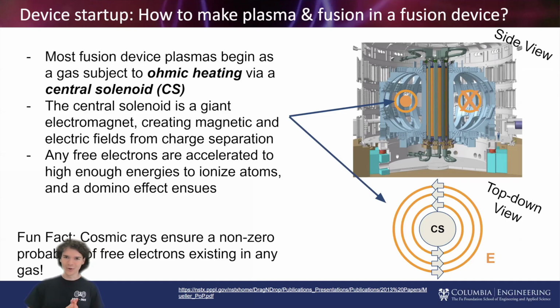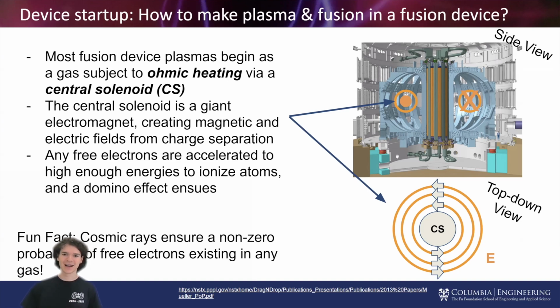This is actually really cool. This is why we're able to create plasmas in this way by just applying an electric field, because these free electrons will be accelerated and hit into the surrounding atoms and start to knock electrons off of those, and then the effect cascades, and you start to get a plasma that has a lot of free-floating electrons and free-floating positively charged ions, or the nuclei that were ionized.